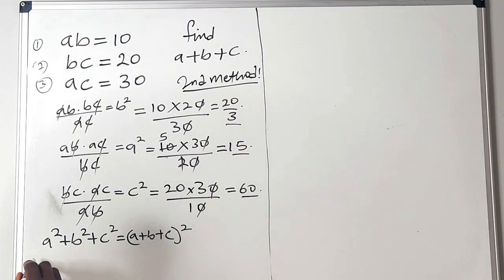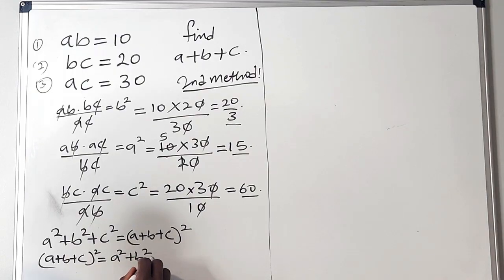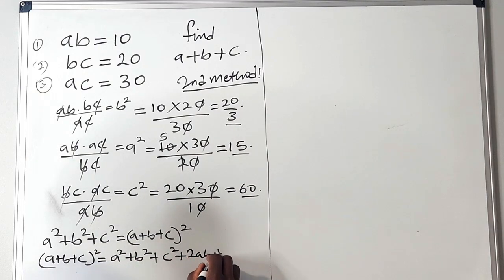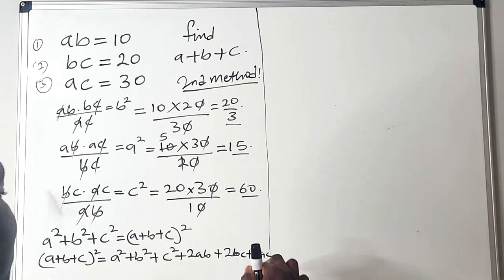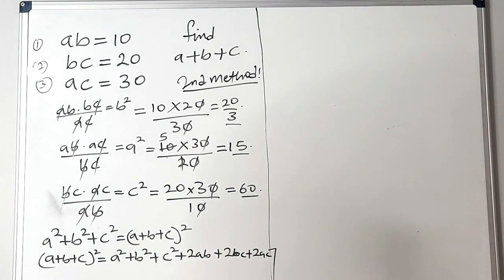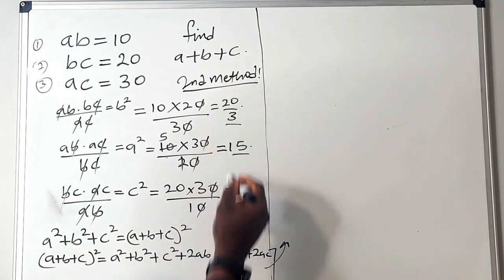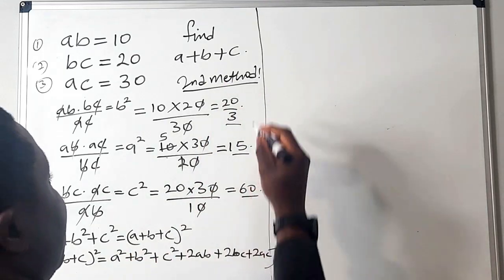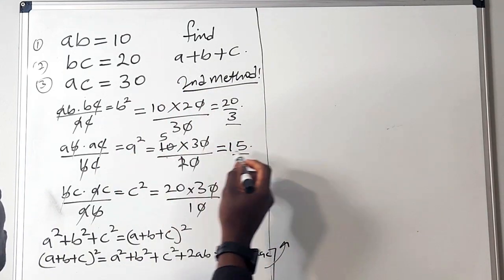Okay, so A plus B plus C all squared is the same thing as A squared plus B squared plus C squared plus 2AB plus 2BC plus 2AC. Okay? Now, so we just plug in the values that we already have into this. So we get A squared is 15.